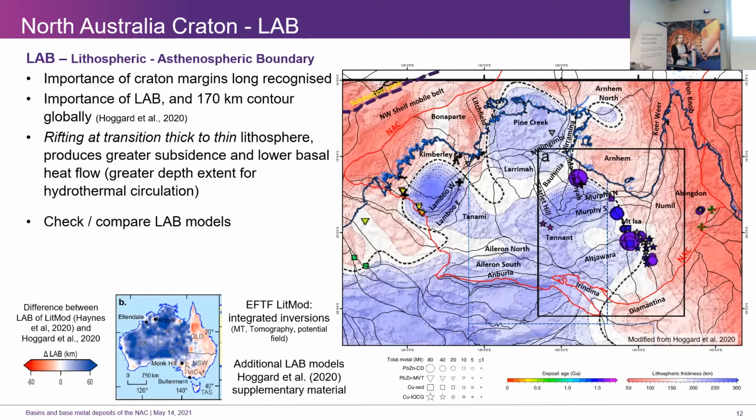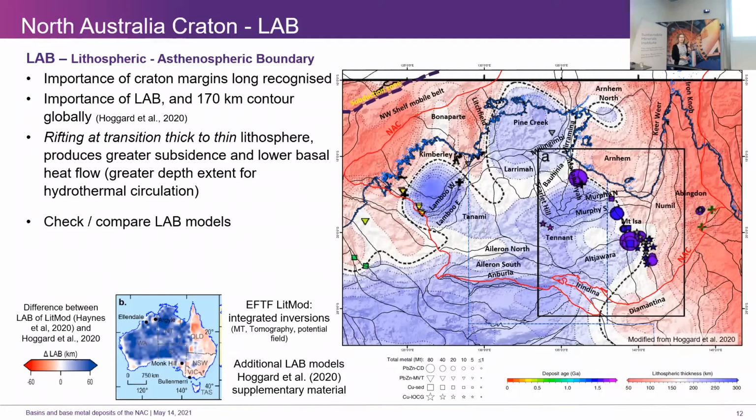So there's new work coming out and different methods. It's a very interesting thing to think about because, as they've highlighted, it gives you a zone to really think about. If that 170-kilometer depth is really significant, it sort of narrows your focus when you're thinking about exploration.